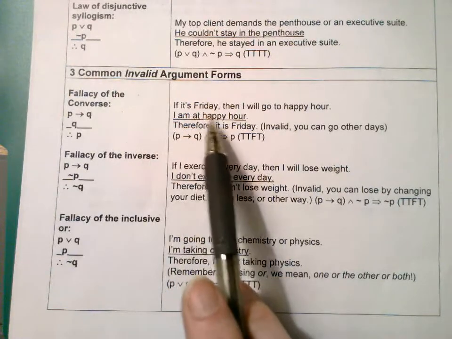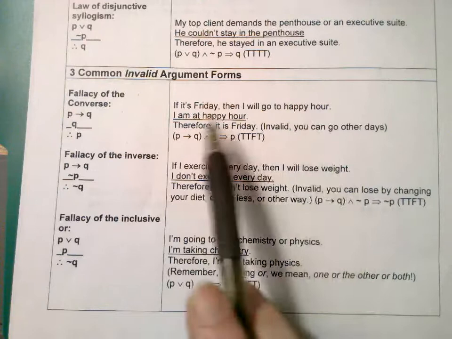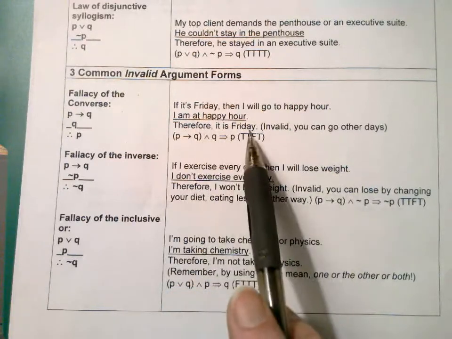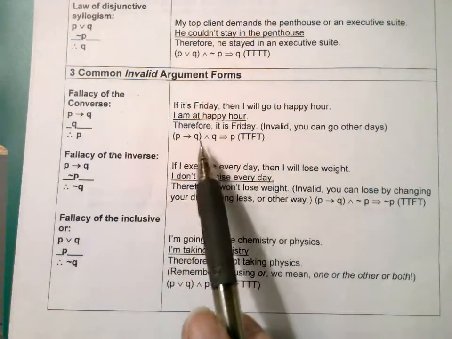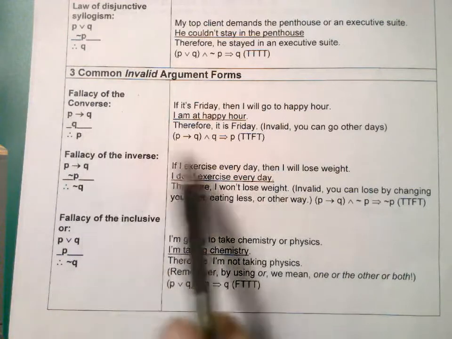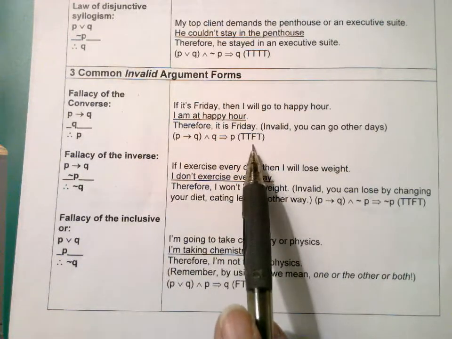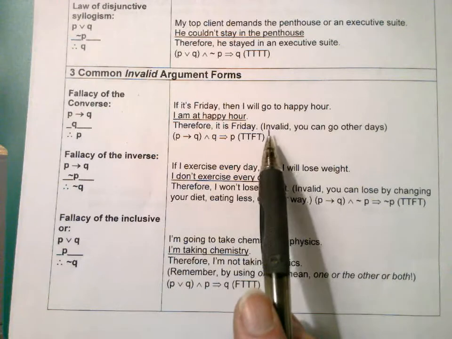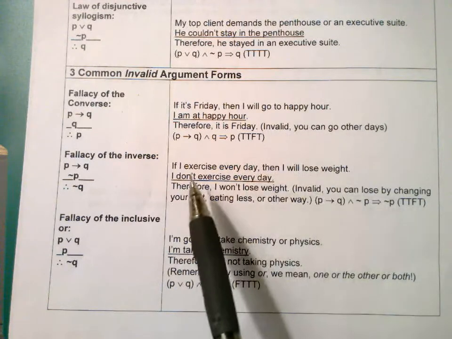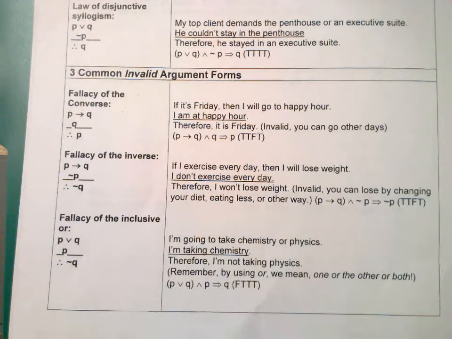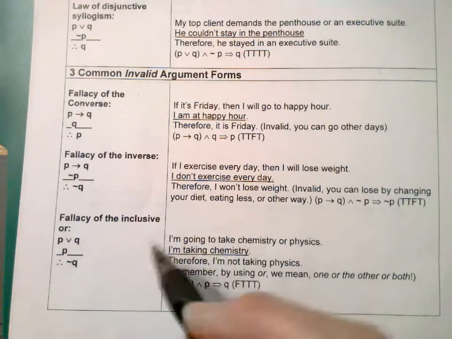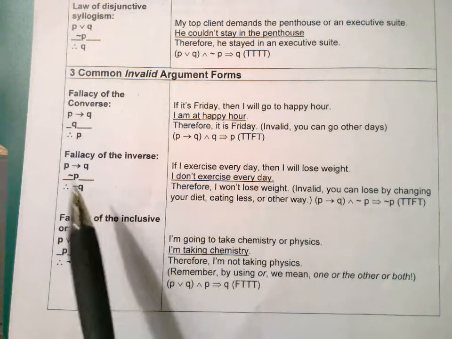If it's Friday, then I will go to the happy hour. I'm at the happy hour, therefore it's Friday. If you do the truth table of this, it's going to have a false in there, so it's considered invalid. One reason is that you can go other days. If you want to try to throw what we call logic on top of that, it's just not going to work.